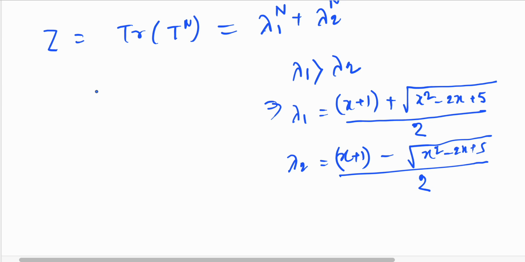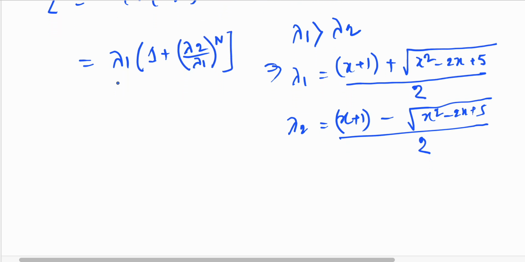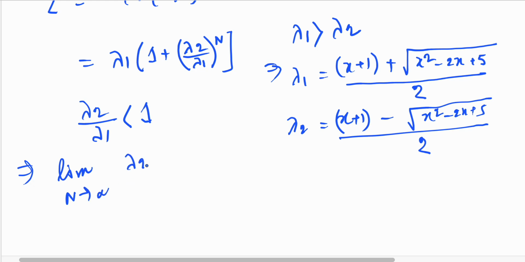If I take lambda 1 to the power n common, I get lambda 1 to the power n times (1 plus (lambda 2 by lambda 1) to the power n). Since lambda 1 is greater than lambda 2, lambda 2 by lambda 1 is less than 1, so in the limit n tends to infinity, (lambda 2 by lambda 1) to the power n goes to 0.